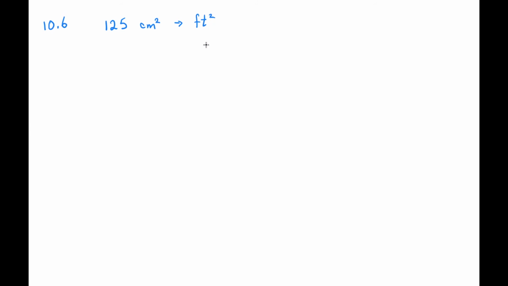Okay, so we know we can't go straight from centimeters to feet, so I'm going to give you a little bit of help to start you off. We know that there's 2.54 centimeters for every 1 inch. And we know that there are 12 inches for every 1 foot. All right, that's all I'm going to give you.